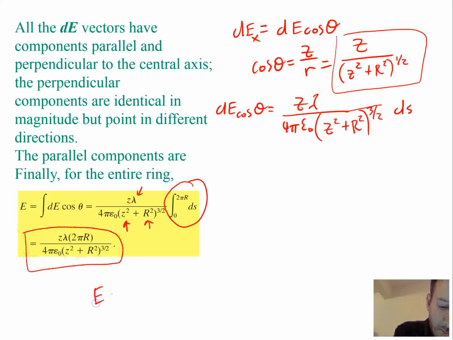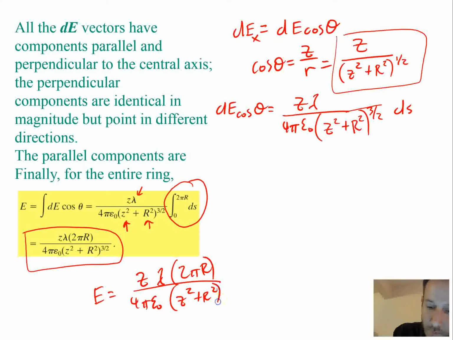So our total electric field, even though we just talked about the x component of it with our cosine, we know that's the full electric field because the y components canceled out. So we can just say E is equal to z times lambda, which is our charge density, 2 pi r, divided by 4 pi epsilon naught, z squared plus r squared, to the 3 over 2.